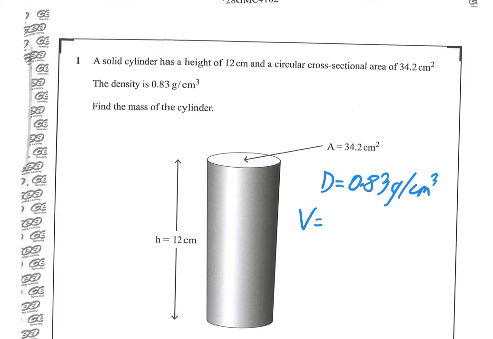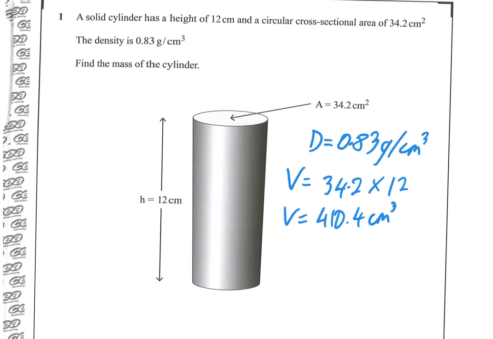The volume is the cross-sectional area, 34.2, times the height, 12. Working that out on my calculator, I got 410.4 centimeters cubed.